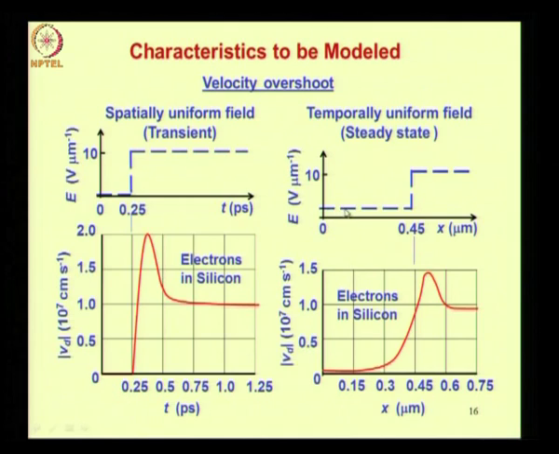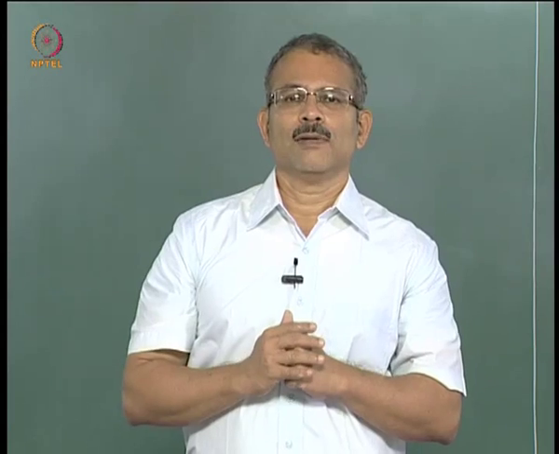So you have a low field over some region of the semiconductor and then suddenly the field changes to a high value. How we can apply such electric fields, or bring about such a step, is not the question that we would like to answer at this point. We just want to see, suppose such a step is there in electric field, how will the velocity respond.